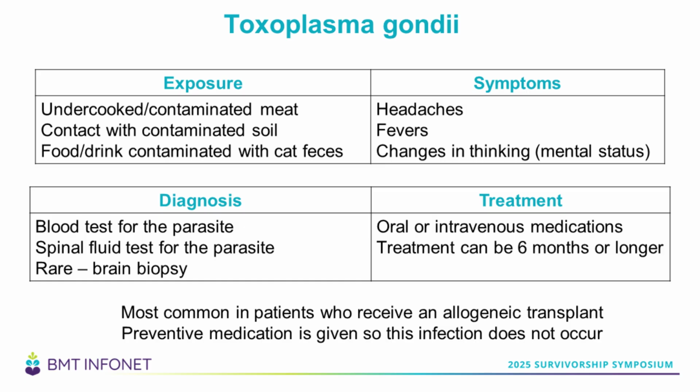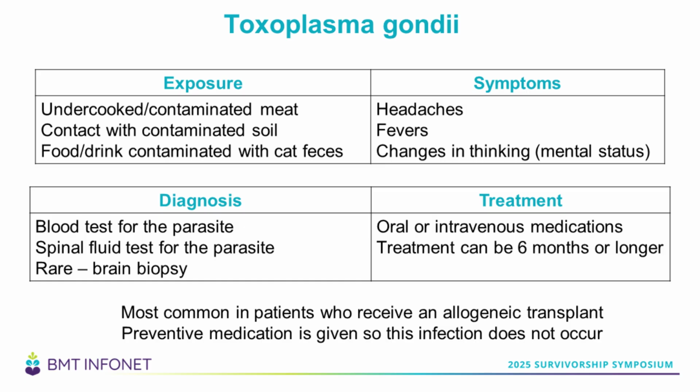So how do patients get exposed to toxoplasma infection? Generally, the parasite toxoplasma is ingested, eaten, and that can be through undercooked or contaminated meat, contact with contaminated soil, and then coming into contact with contaminated cat feces.